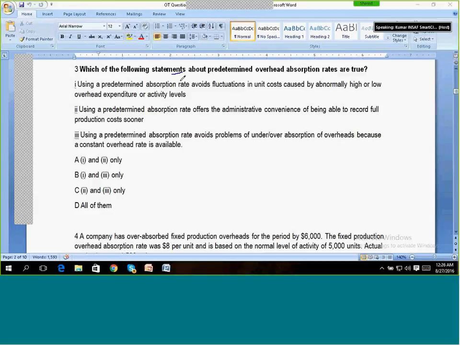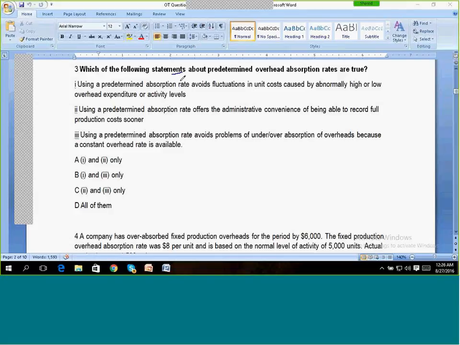About predetermined overhead rates, one statement says using a predetermined rate smooths fluctuations caused by abnormally high or low expenditure or activity level. That is right. You don't want to have too many fluctuations, so because of that you use a predetermined rate.